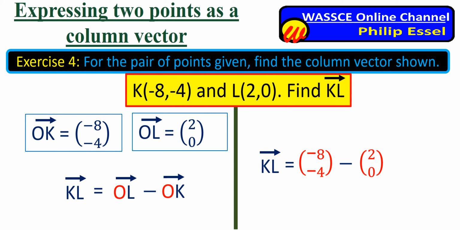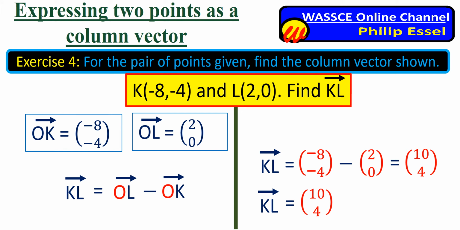When you subtract the vector (2, 0) from the vector (-8, -4), you get the vector (10, 4). Therefore, the vector KL is equal to the vector (10, 4).